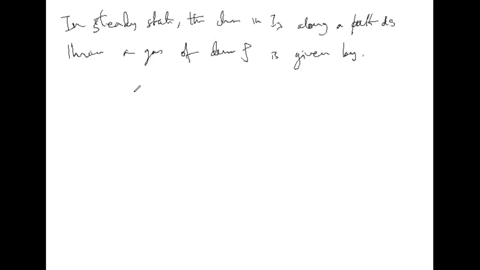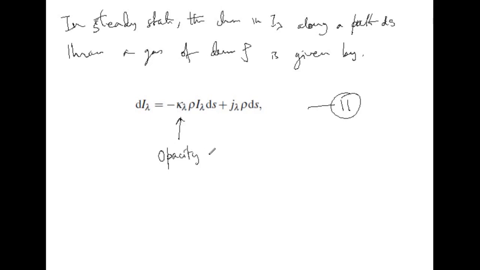You see this relation, equation 11. Now here you see this kappa lambda, this is known as the opacity of the gas at wavelength lambda, and there is a subtraction term and there is an addition term.